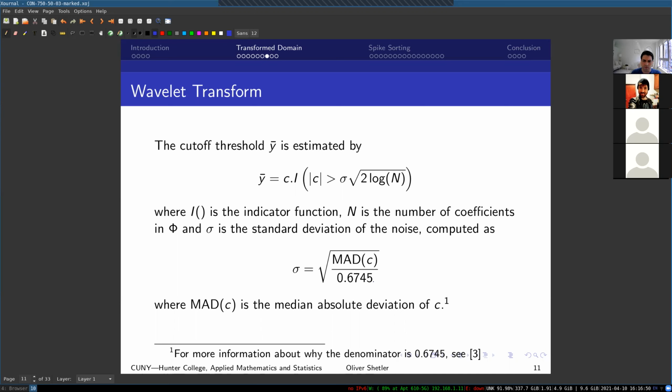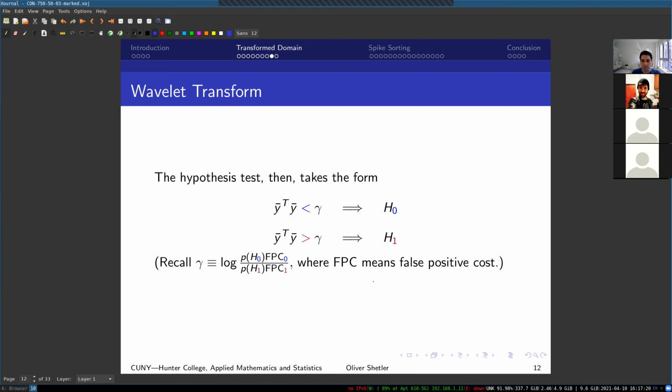And if it's greater than lambda, then we reject the null hypothesis. And again, remember, lambda is just the log of the ratio of the probability of the null hypothesis over the probability of the alternative hypothesis, in conjunction with some ratio of cost functions associated with falsely inferring the null hypothesis or falsely inferring the alternative hypothesis.